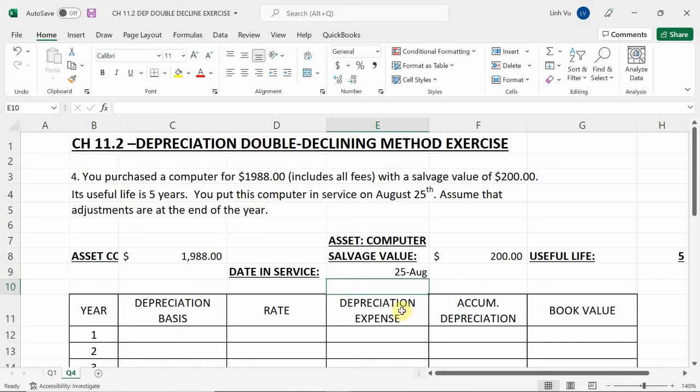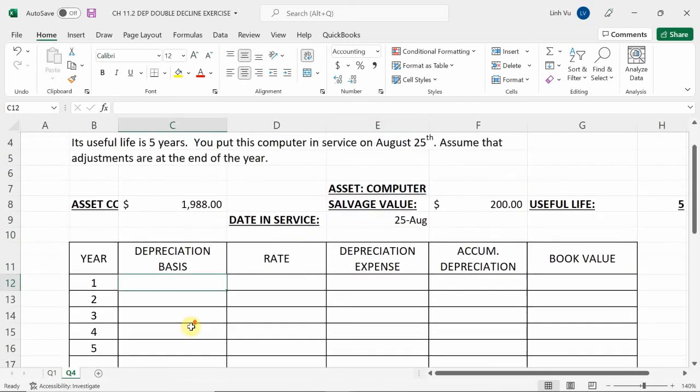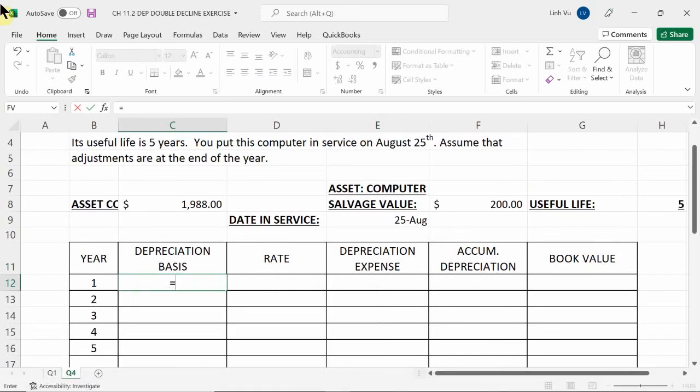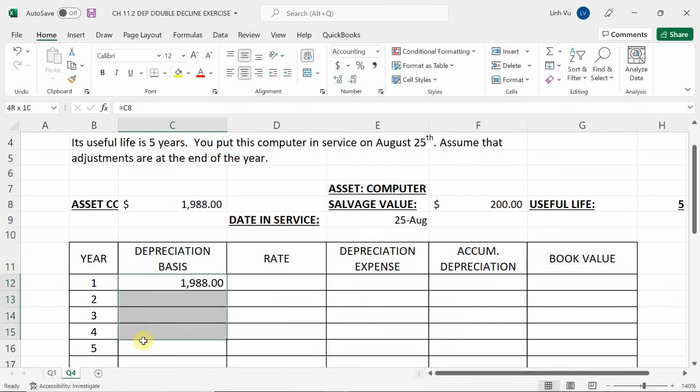Okay? So in this case, my depreciation basis is going to be 1,988. Good, right? Because that's the beginning of the year's book value. What else?